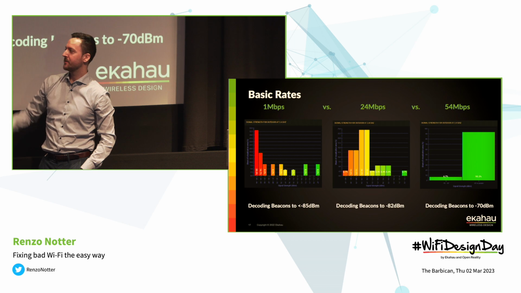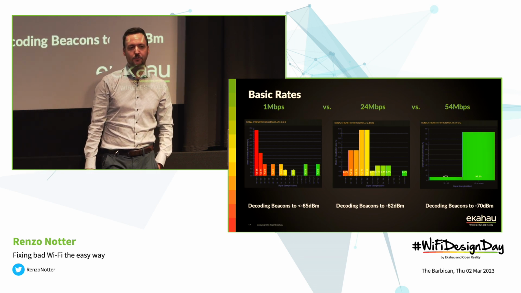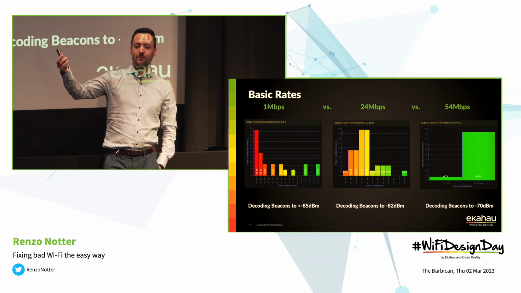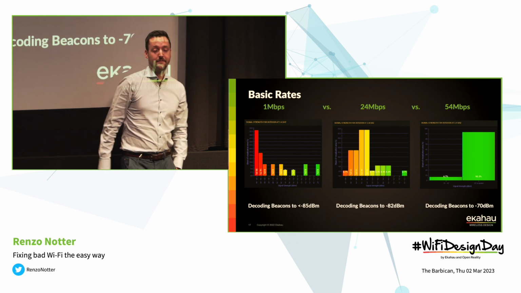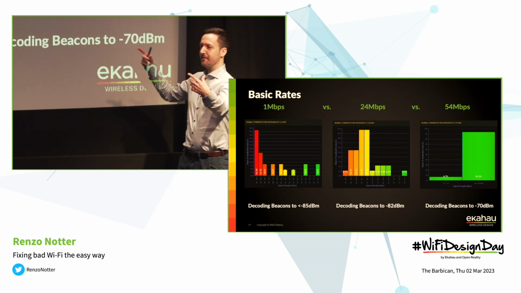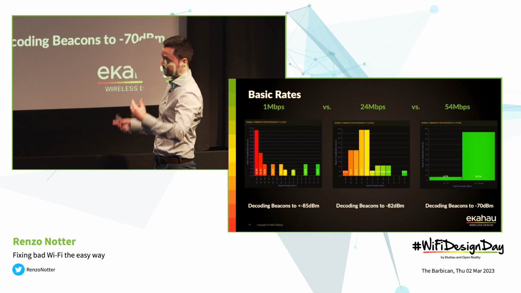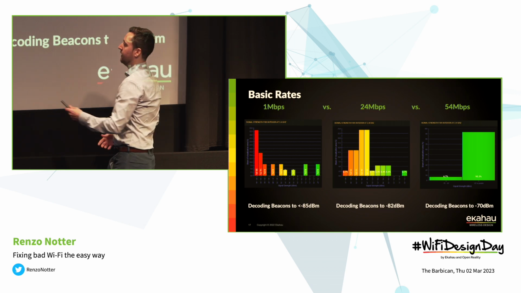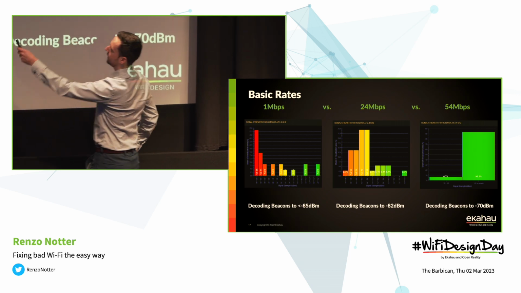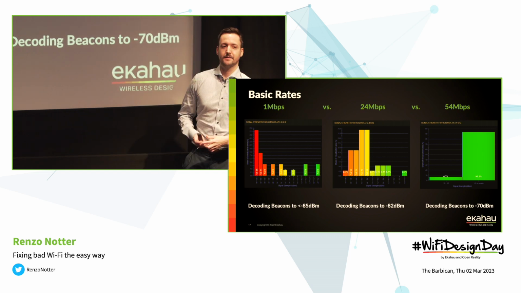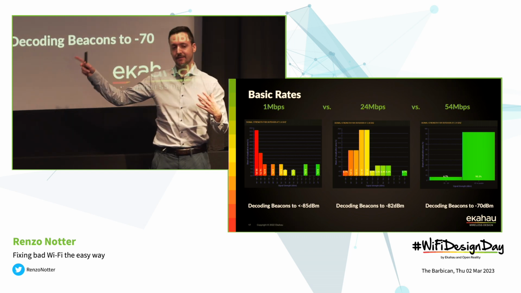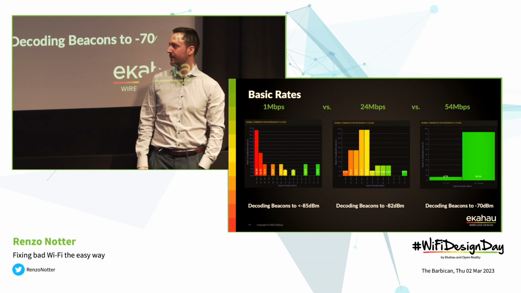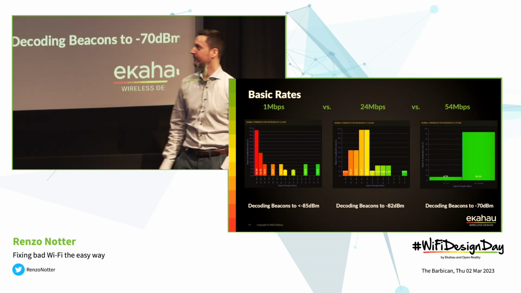With 1 megabit per second, we will be able to decode our beacon frames even lower than -95 dBm. So the area where we can still decode the beacons is quite large. With 24 megabits per second basic rate, I was able, with my Sidekick, to decode the beacon frames to -82 dBm.